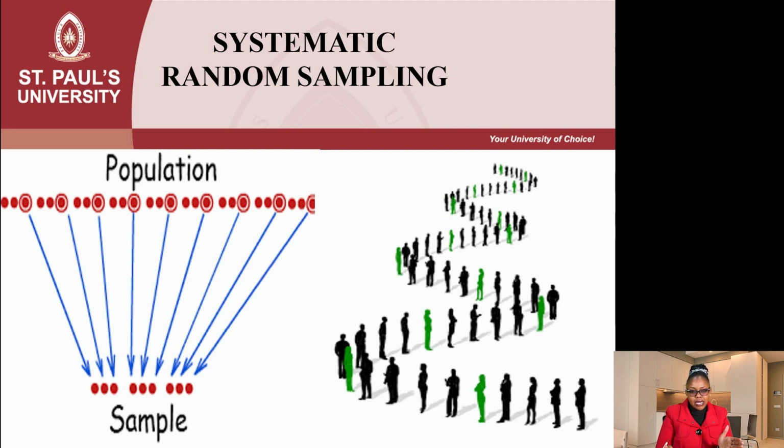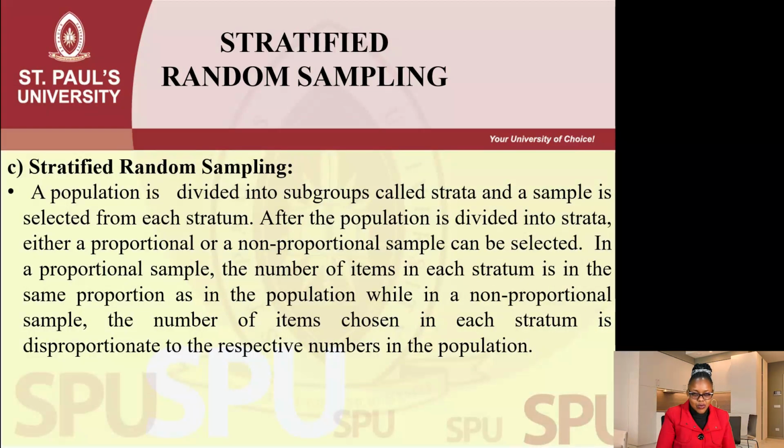And I hope now you can see the difference between simple random sampling and systematic random sampling. We continue with the third one, under probability sampling. Now, stratified random sampling. We are saying here that the population is divided into subgroups. The subgroups are called strata.